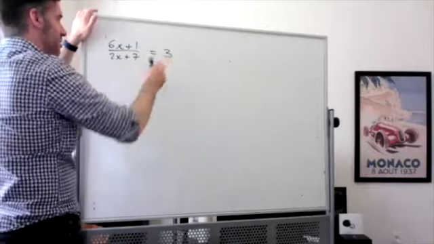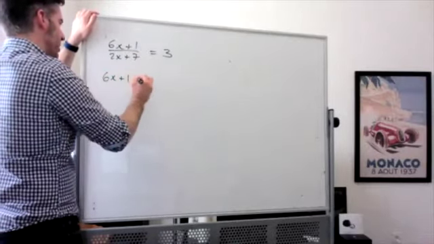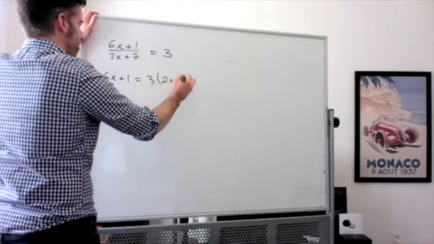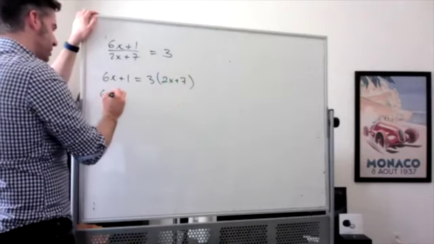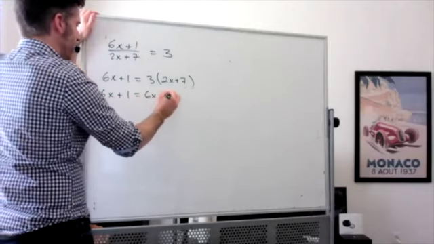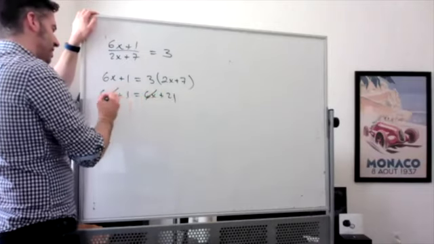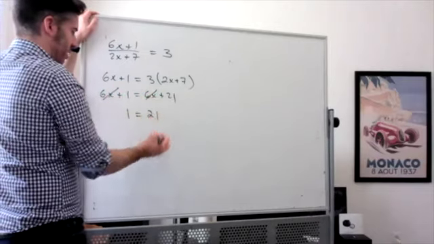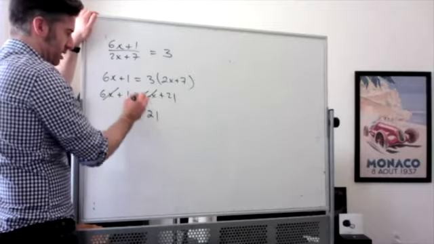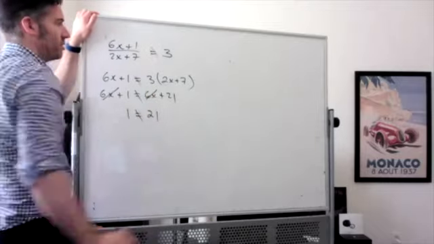I'm going to multiply both sides by the denominator. So 6x plus 1 equals 3 times 2x plus 7. And then 6x plus 1 equals 6x plus 21. And the 6x's cancel. And that is a problem. That's not true. So it can't be 3.